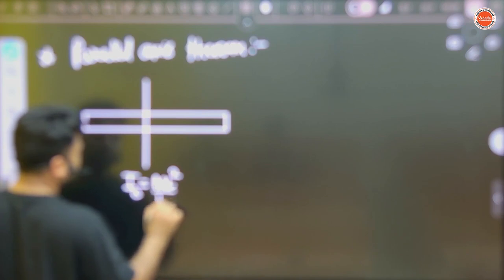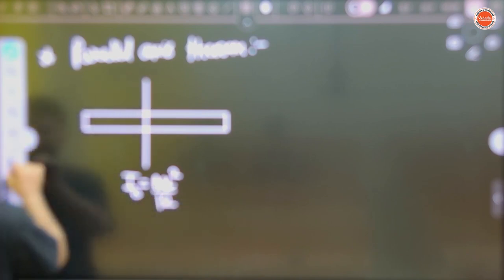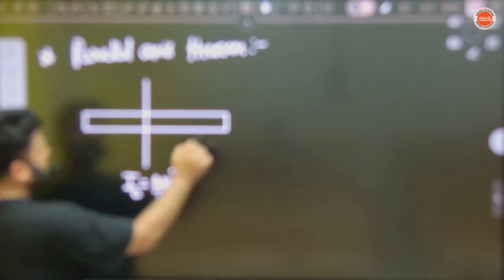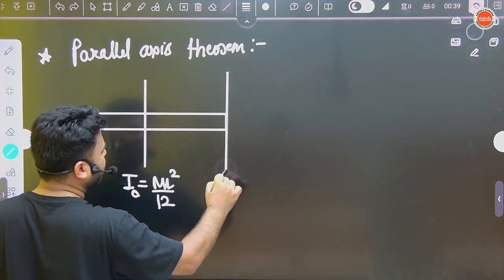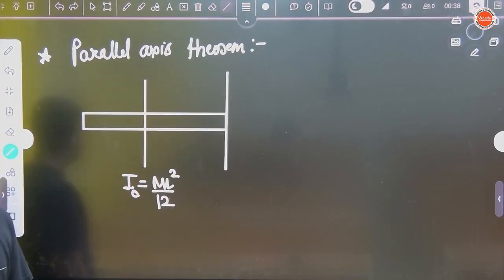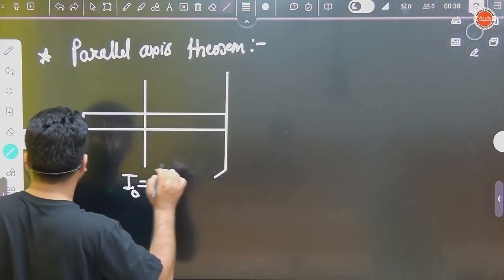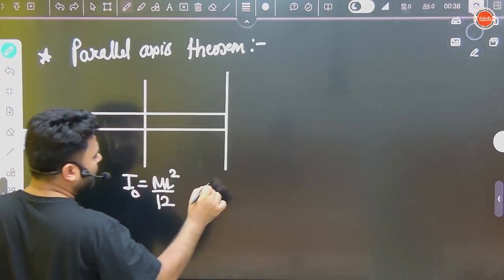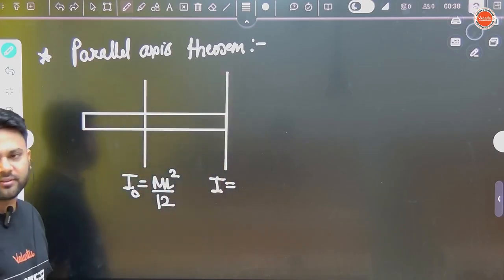Just now I told. Now what parallel axis theorem says? That if you want to know the moment of inertia of any object about the axis which is parallel to the central axis, see, I want to know the moment of inertia about this axis.